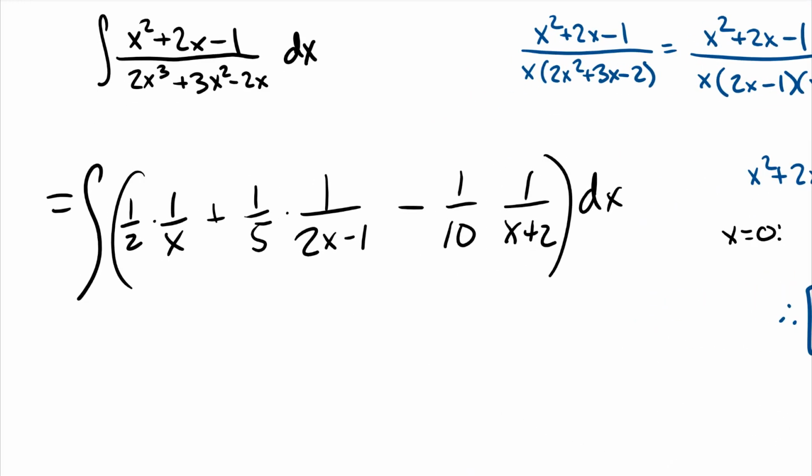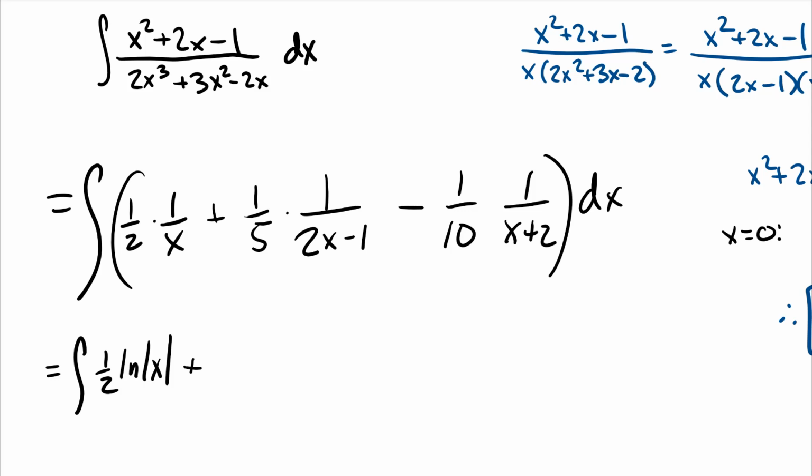Now let's solve this integral. Let's go. So here we are. We integrate. So we get 1/2 the natural log of the absolute value of x plus, now we've got a little bit of a tricky thing. Do you know how to find this? I'm going to skip it. I'm going to hope you can see it. There's a 2 inside of there.